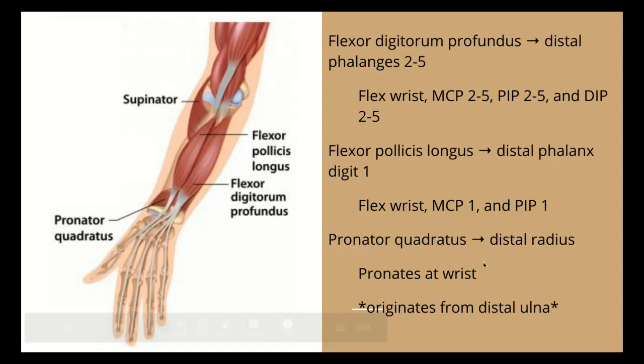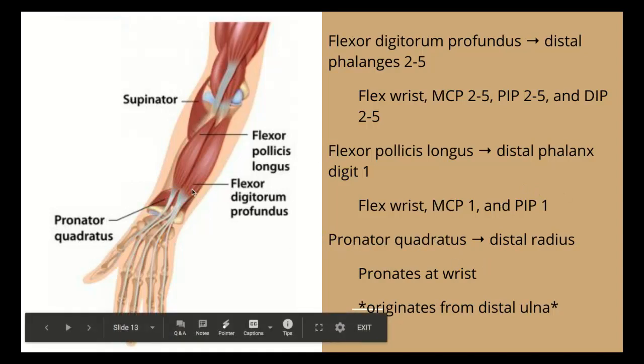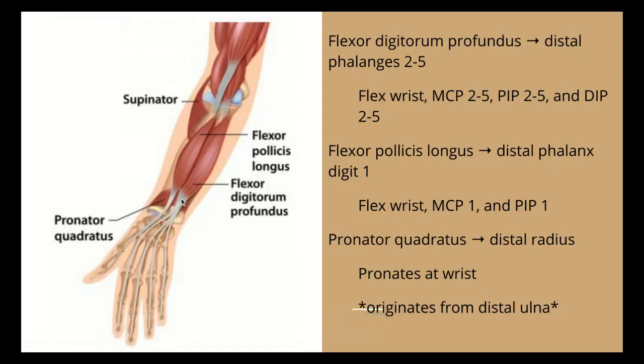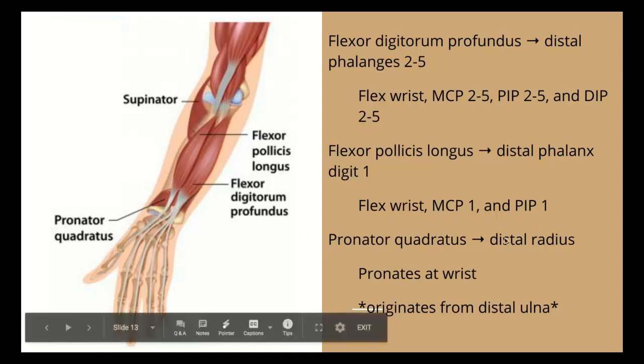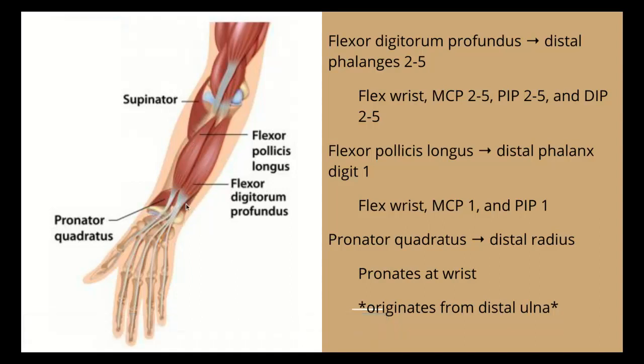And then finally here we have pronator quadratus. Now pronator quadratus is going to be doing the same action, right, that pronation, but it's going to be doing it closer down towards the wrist. So this is our oddball here in the group of the anterior forearm in that it originates on the distal ulna. So right, this is the radius here, this is the ulna, so it's going to be originating just about here, distal ulna, and then it's going to be inserting at the distal radius.